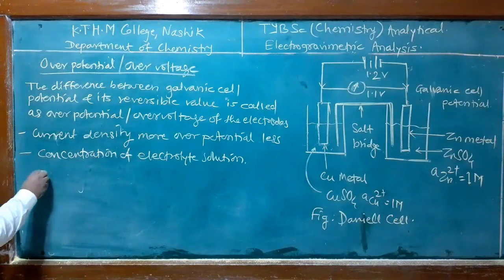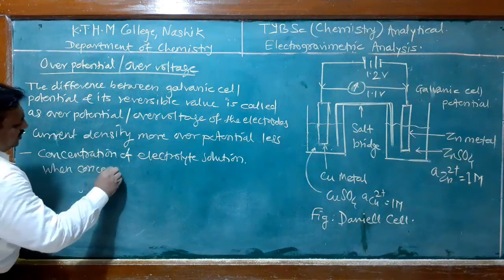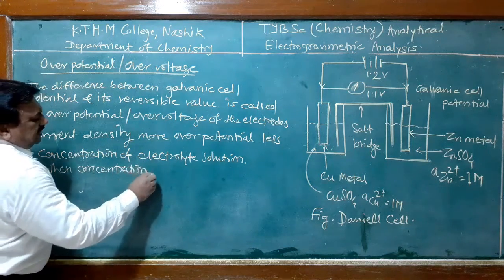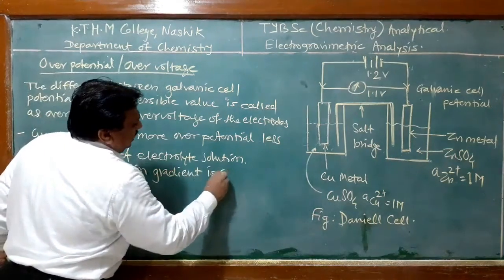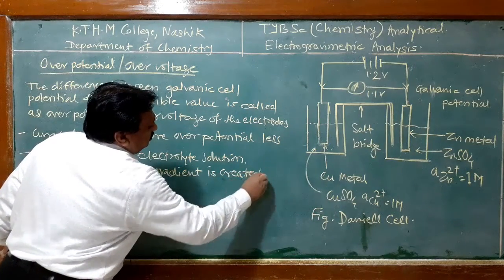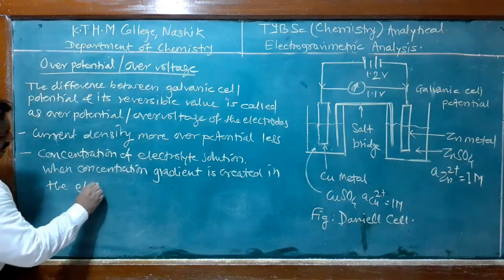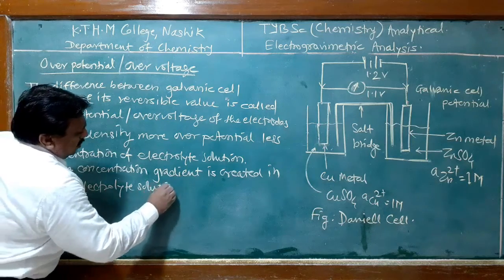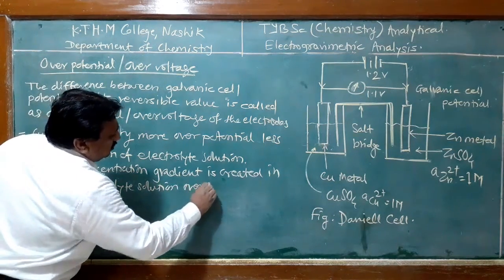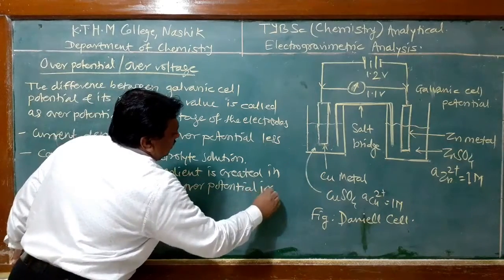Therefore, when a concentration gradient is created in the electrolyte solution, overpotential increases.